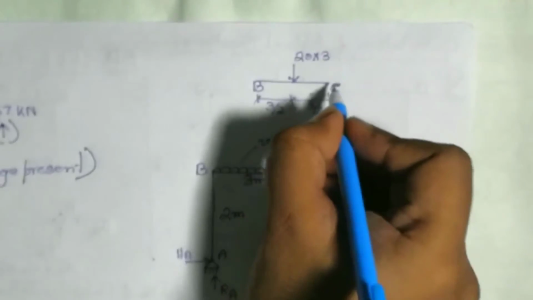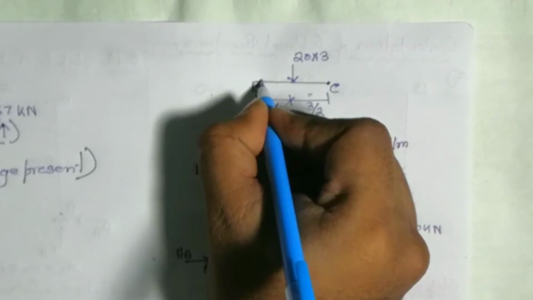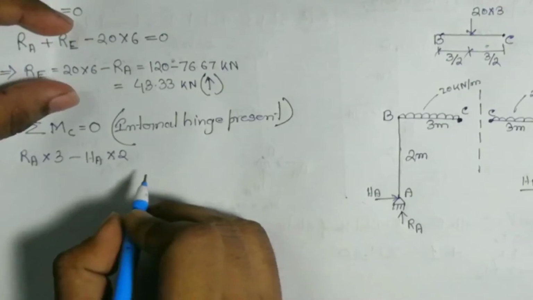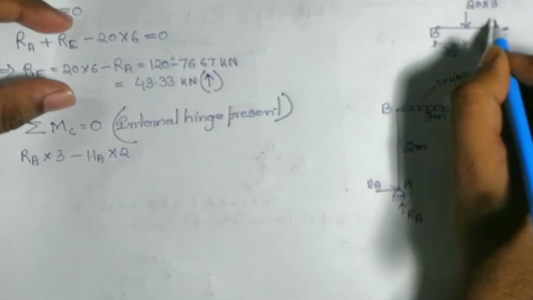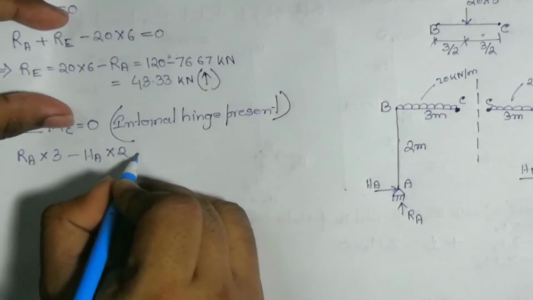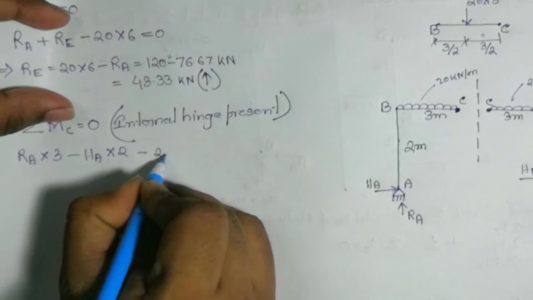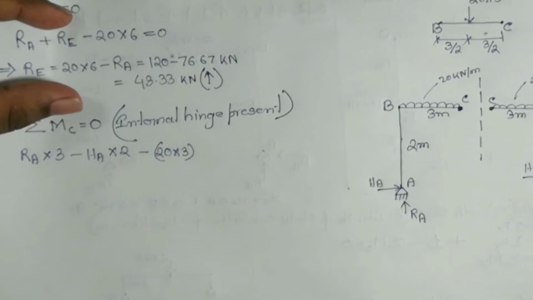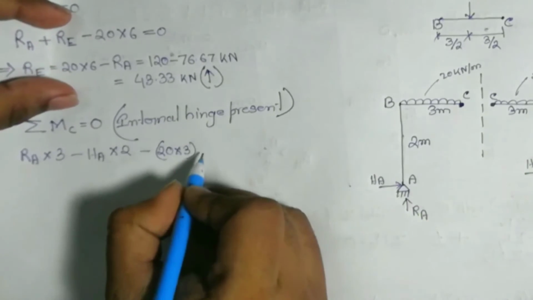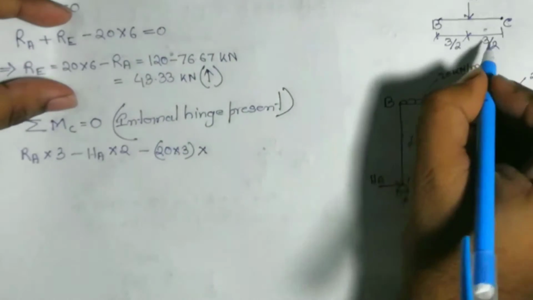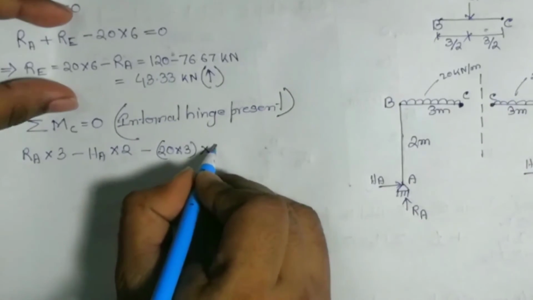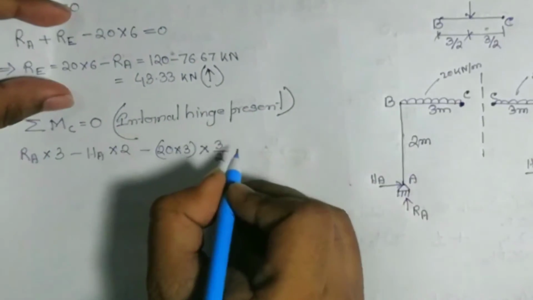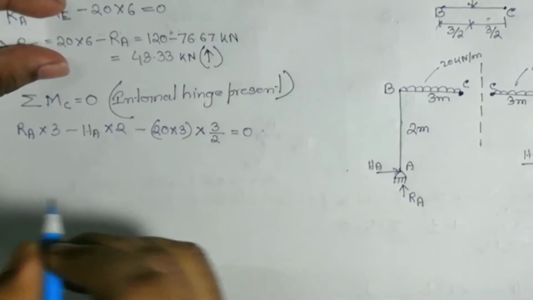The moment will be anti-clockwise, so we write minus 20 into 3, the converted point load of this UDL, acting at a distance 1.5 meter away from point C, is equal to 0.